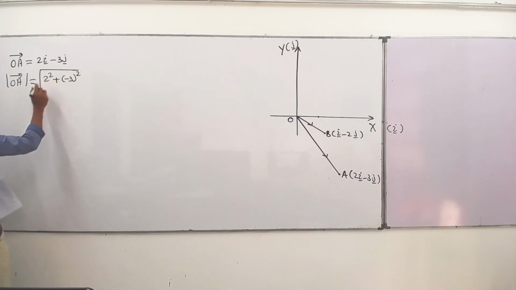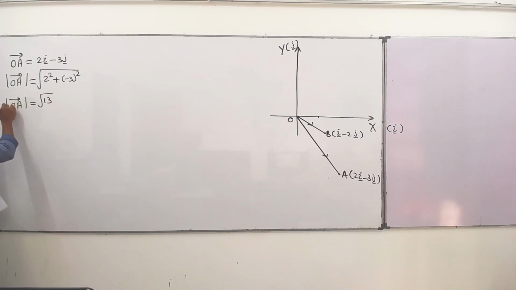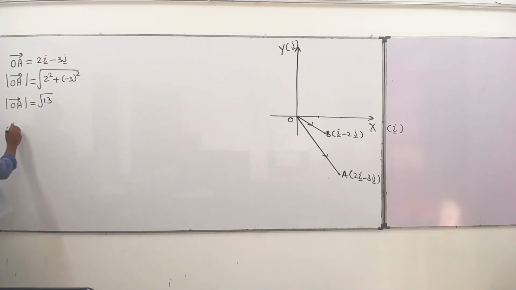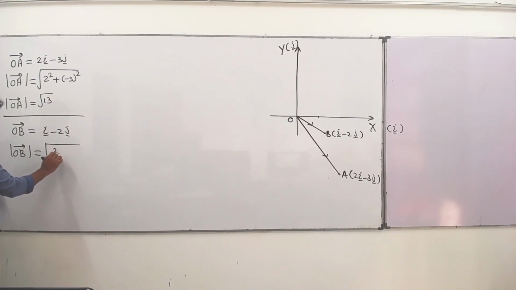Here 4 plus 9 is 13. Secondly, OB vector is i minus 2j. Then the OB vector modulus is the square root of i coefficient squared plus j coefficient squared. This is root 5.